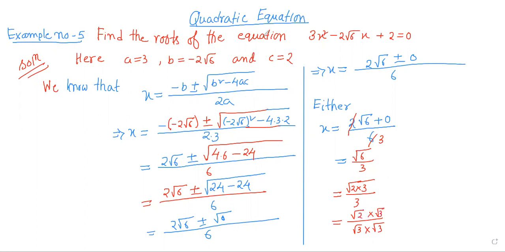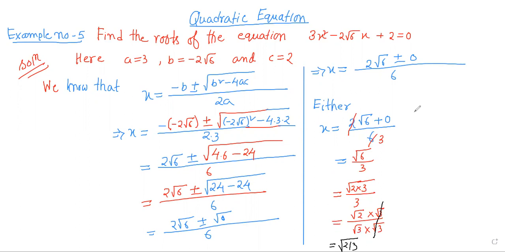Now this root over 3 and this root over 3 will get cancelled. So ultimately we'll get root over 2 by 3. So this is one value of x.